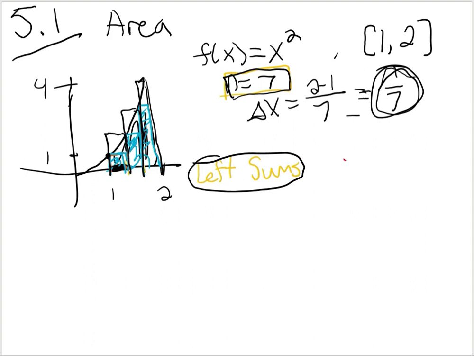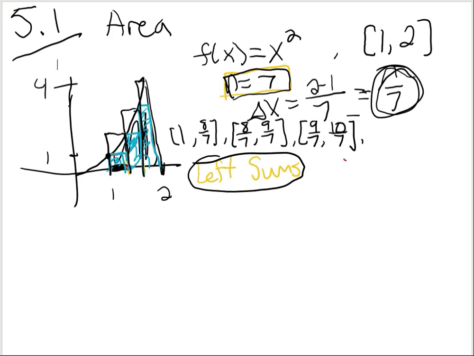So if we want to find the left sum, you start with 1, and then 1 plus 1/7 gives you 8/7, and then 9/7, adding 1/7 each time, all the way until you get to 13/7, and 2.